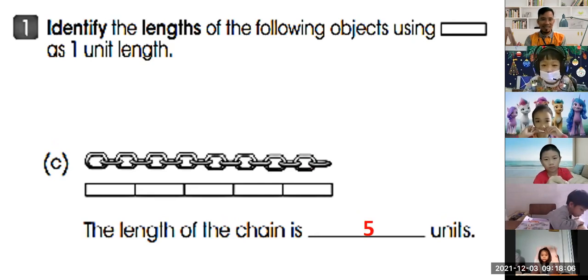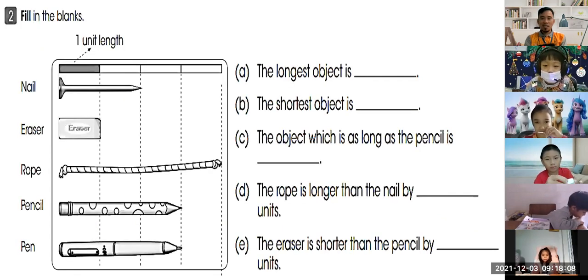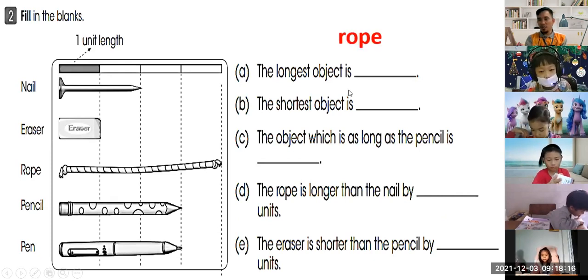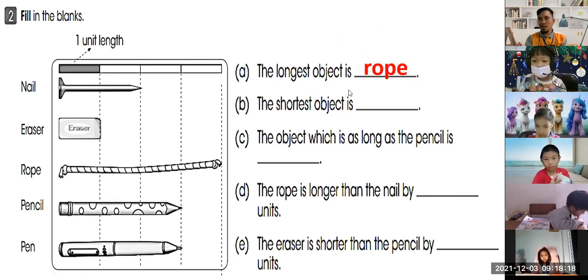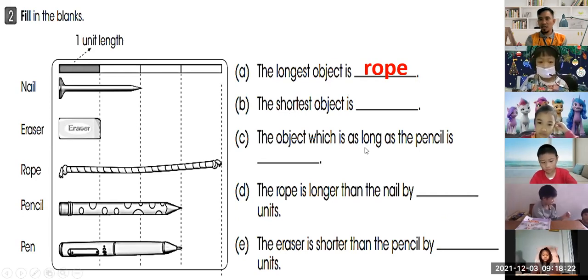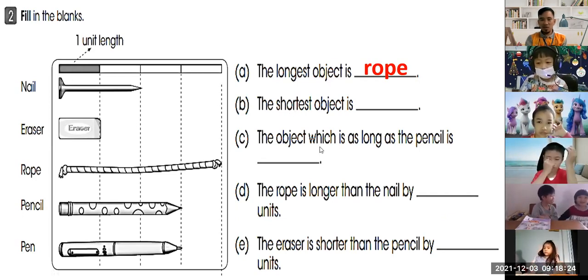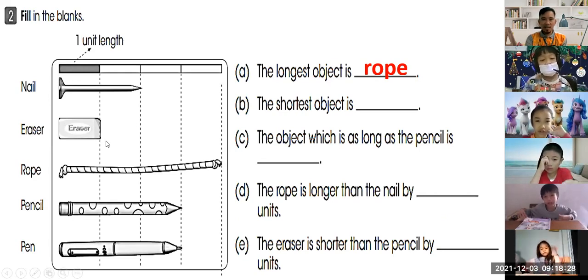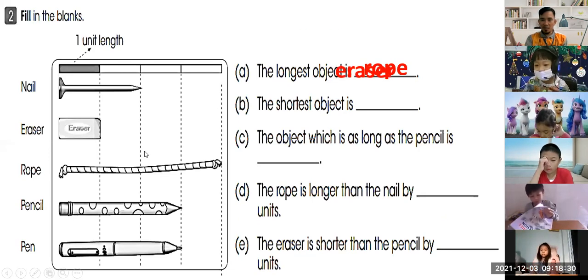It's easy, right? Here, what is the longest object here? So the longest object here is the rope. Rope is the longest object. And what is the shortest? The shortest object here is the eraser.